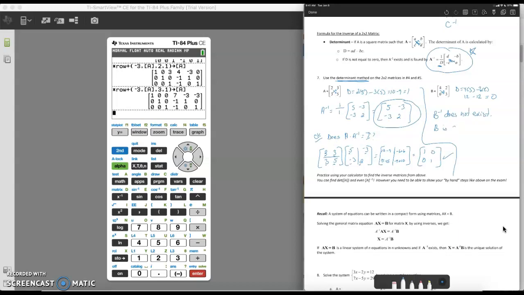B is what we call singular. So that's a quick way to realize also that there's no need to move on. Instead of going through and doing a bunch of row operations to eventually find out that you can't find an inverse, this is a really fast way to realize that you can just stop.